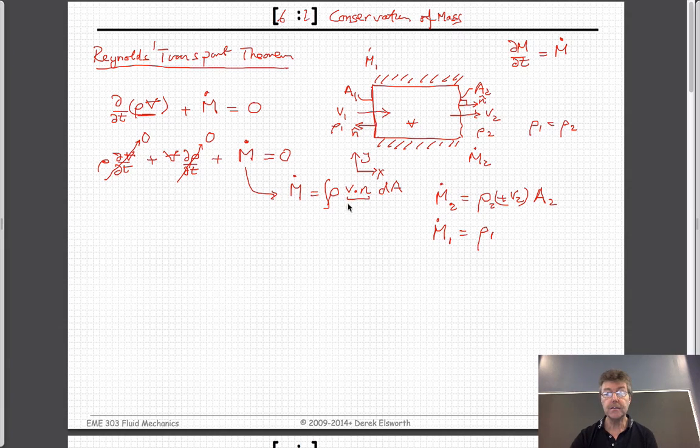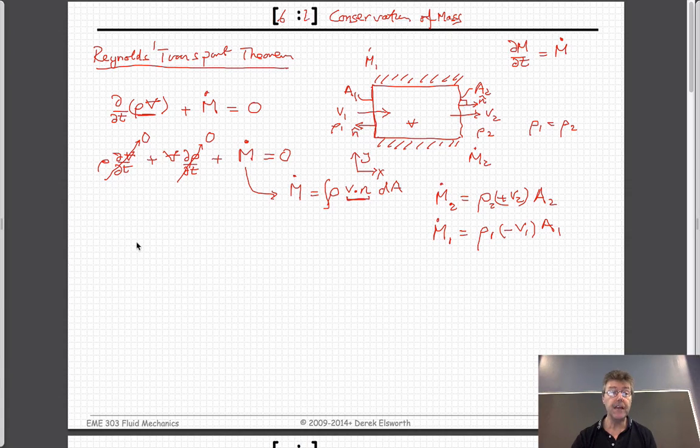So if you have the velocity going across this boundary into the material, the normal to the boundary vector is this, so they're oppositely aligned. You take the dot product of two things in the opposite direction, and it's just minus 1. And so this velocity here has to be minus v1. And then the area is just A1.